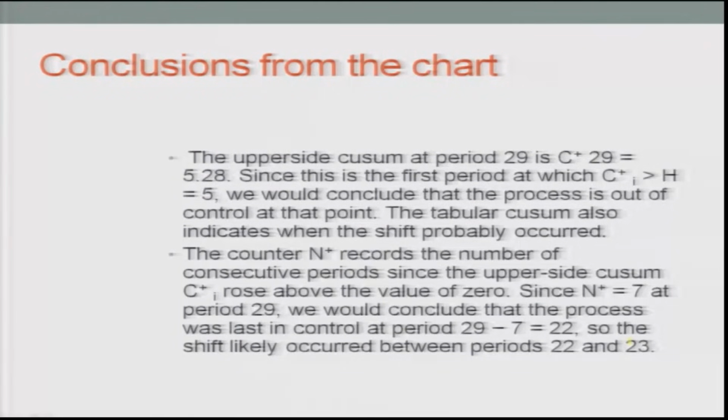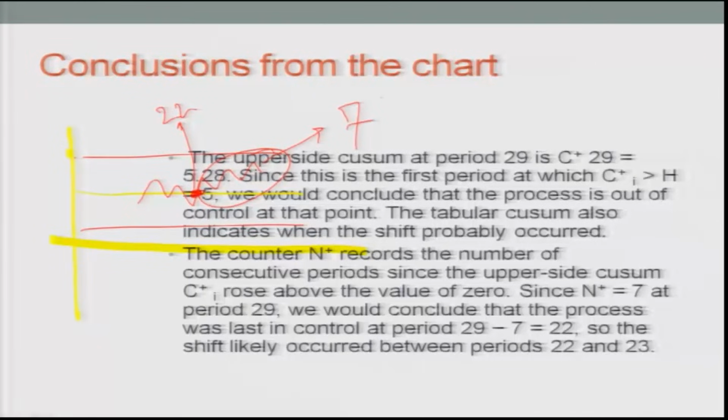So let me draw it and give an intuitive feel. This is the central line, this is the upper line, this is the lower line. The values are fluctuating. Say for example this is the 22nd reading at which it was under control, and then these 7 values.